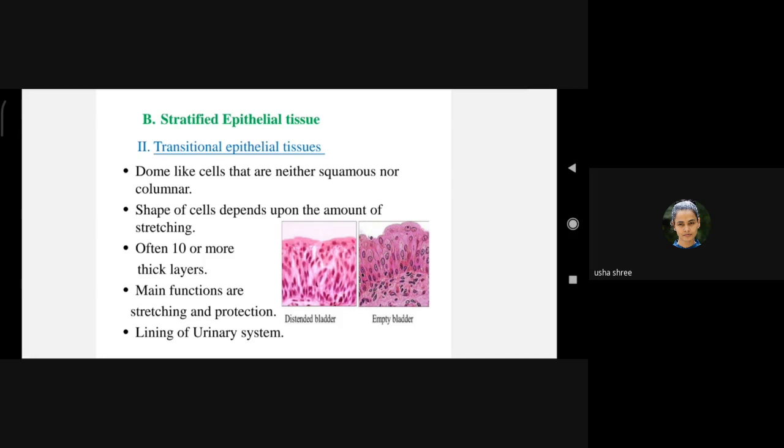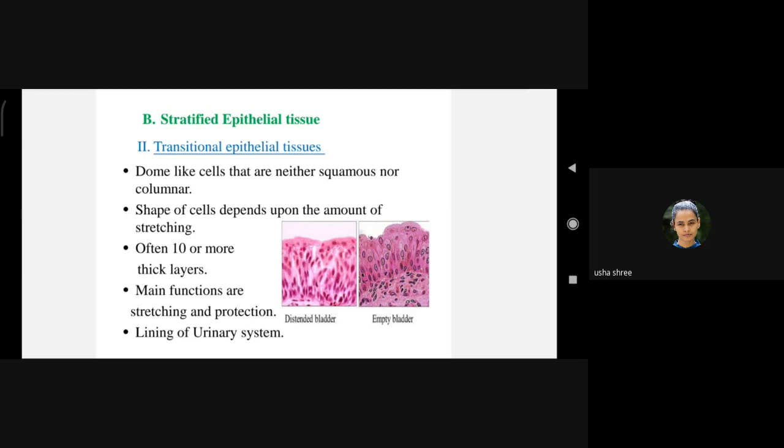Shape of cell depends upon the amount of stretching. It is also multi-layered, often with 10 or more thick layers. Main functions are stretching and protection. Lining of the urinary system.